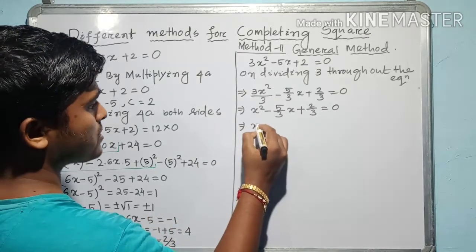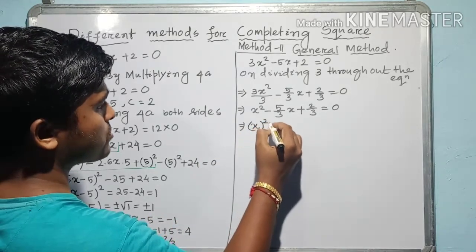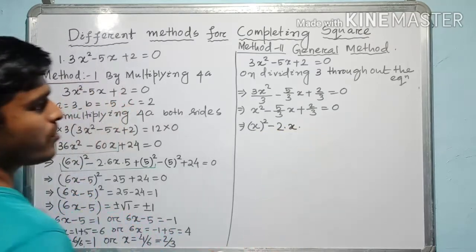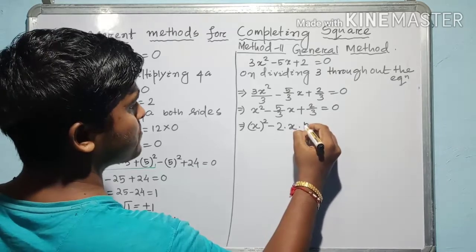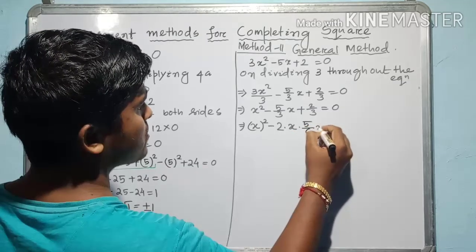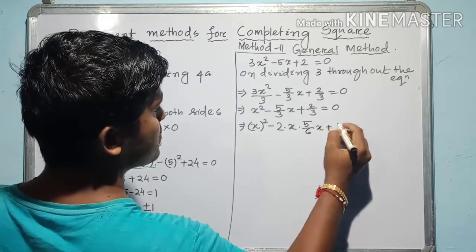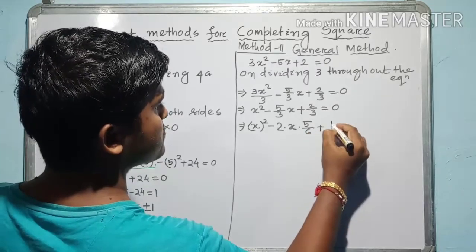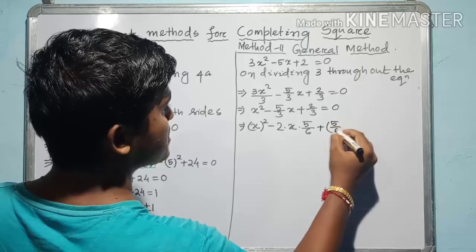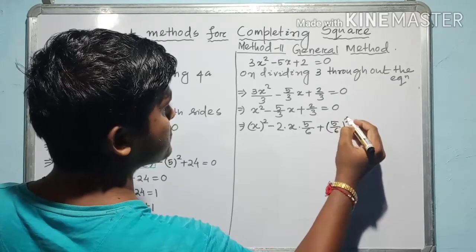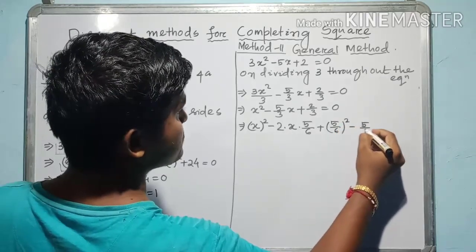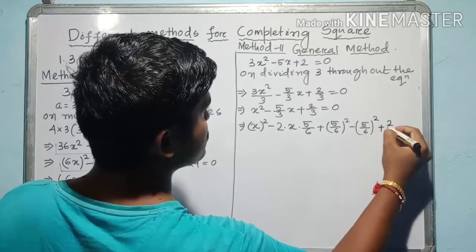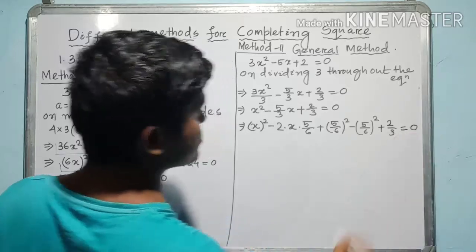For that, x square will be x whole square minus 2 into x into 5 by 6, plus 5 by 6 square, minus 5 by 6 square, plus 2 by 3 is equal to 0.